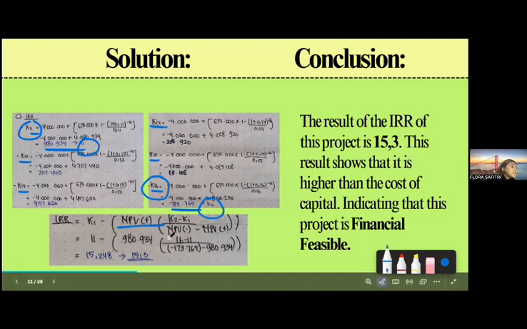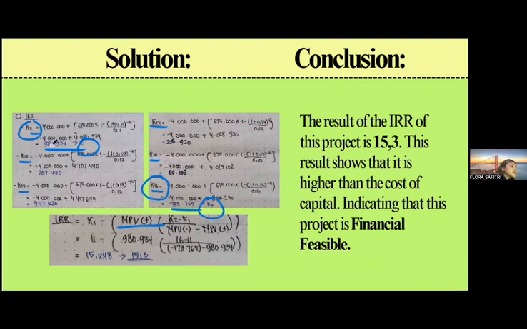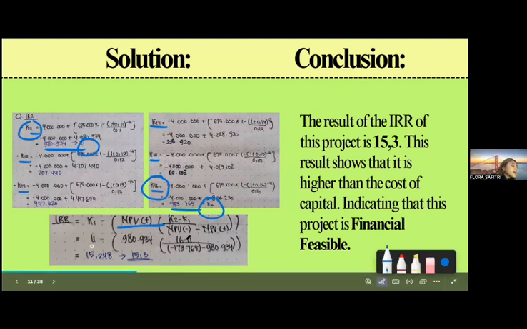NPV minus, we've got from the K2. Minus NPV positive, we've got from here. And then the result is 50.3.